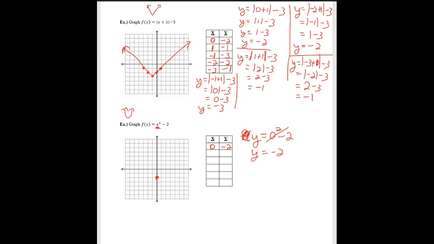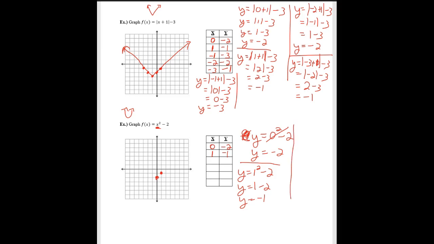Let's go in the positive to see what happens. Plug in 1. 1 squared minus 2. 1 times 1 is 1. 1 minus 2 is -1. I move from the origin, +1, -1. Oops, forgot to put that in there.